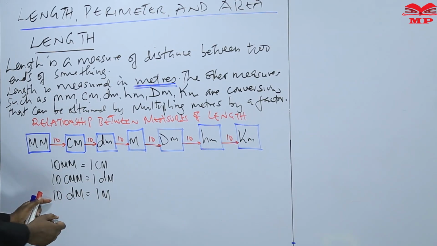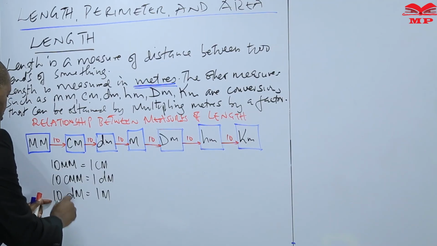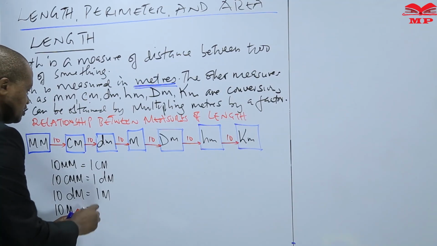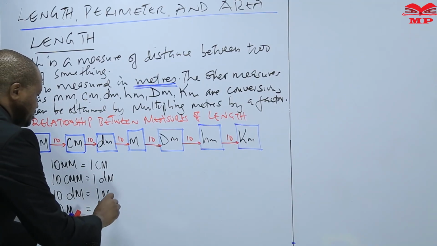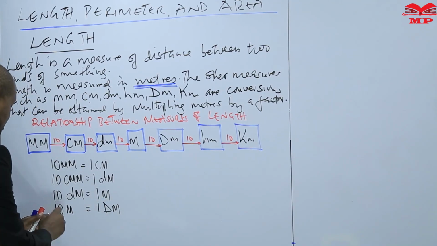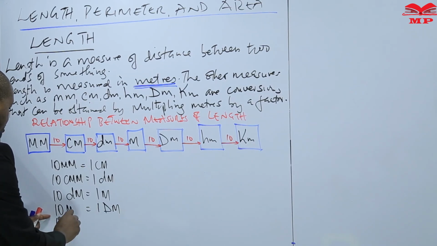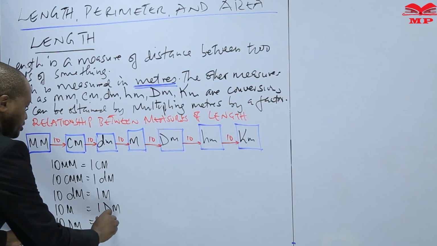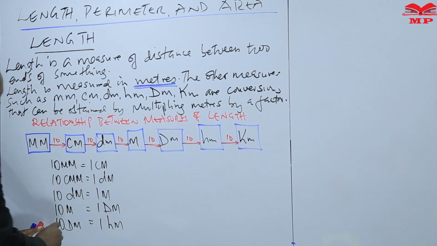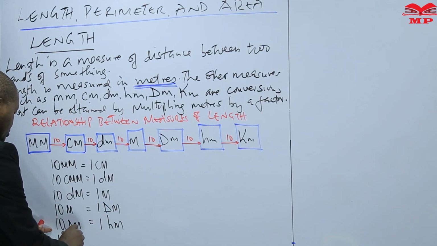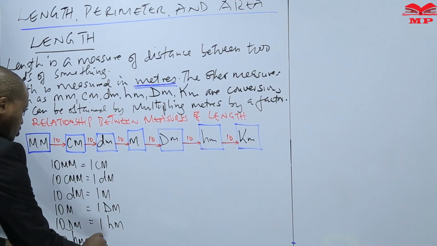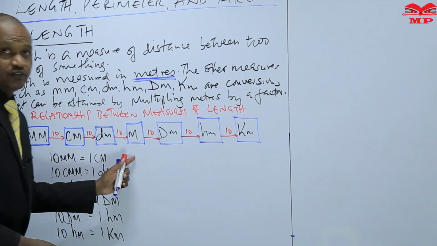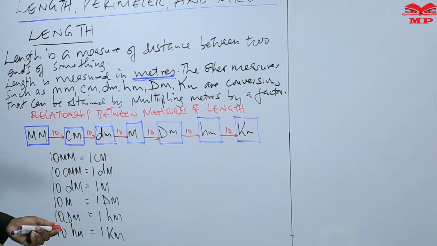We have also seen that 10 meters make 1 decameter. Then 10 decameters make 1 hectometer, and 10 hectometers make 1 kilometer. That is what we have learned from the diagram.